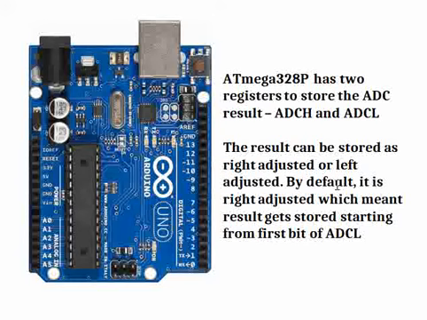That means the total conversion result is a 16-bit value, stored as two 8-bit values. So in your program, once the conversion is done by the microcontroller, if you want to read the result, these are the two registers that need to be read.